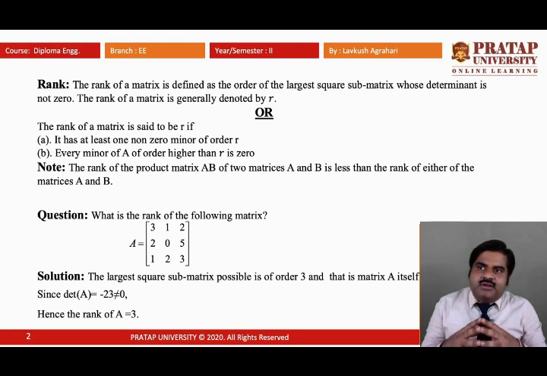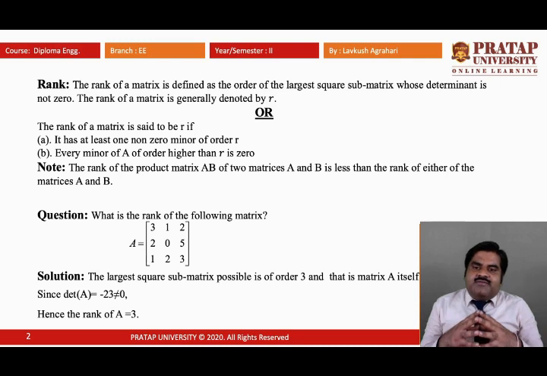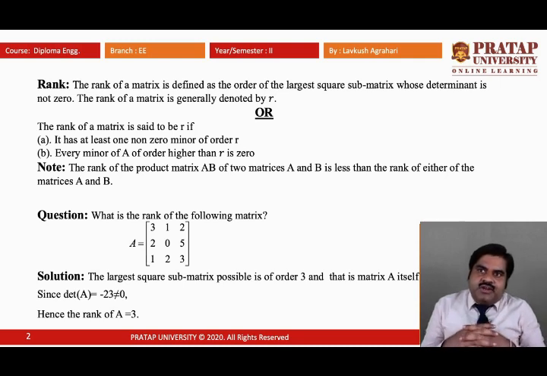And if we find a minor of order 2 which is non-zero, then we can say the rank of the matrix is 2. Similarly, if we check all the minors of the matrix of order 2 cross 2 and find that all the minors are 0, then the rank of the matrix cannot be 2.